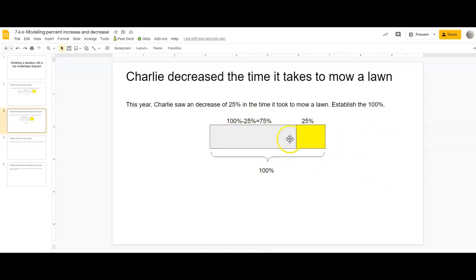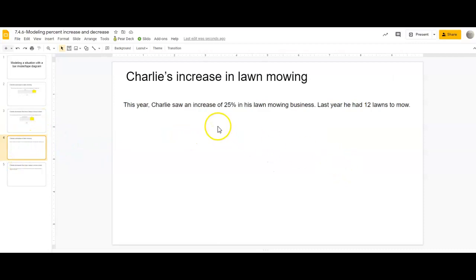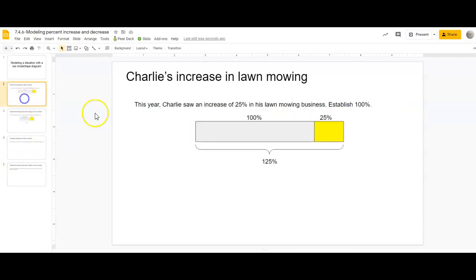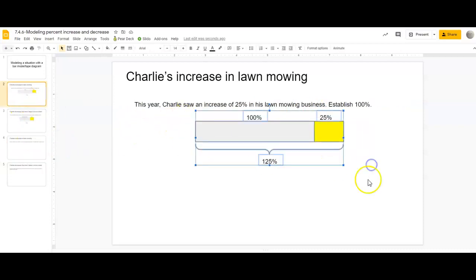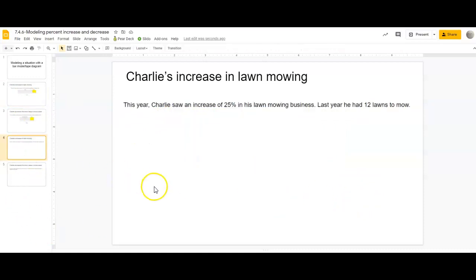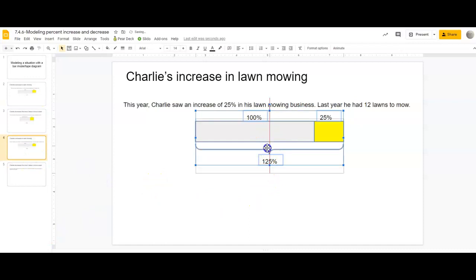Setting up our number sets is what we're going to do next. So let's look at this. Charlie saw an increase of 25% in his lawn mowing business. Last year he had 12 lawns to mow. So if he had an increase, I'm going to take these guys right here, copy those, and paste those right in here. So this is my original.